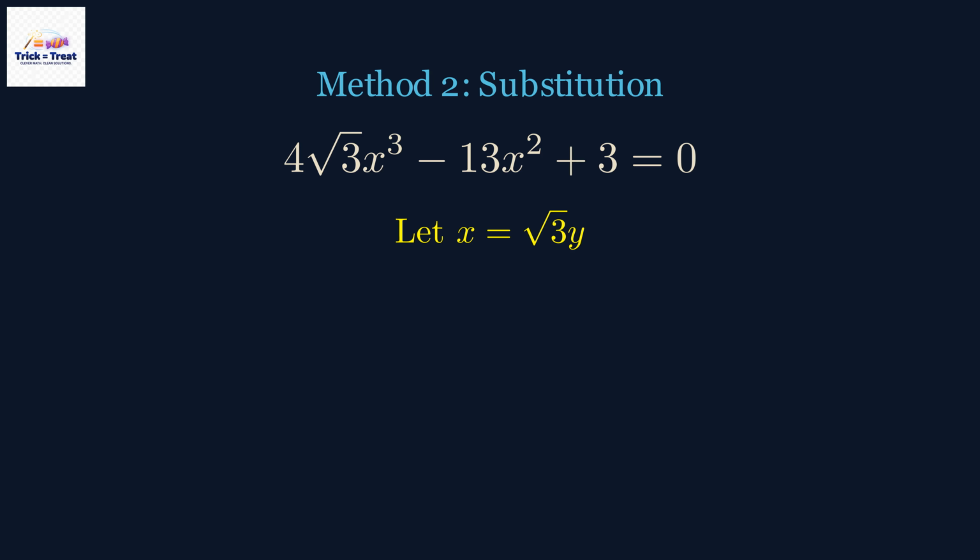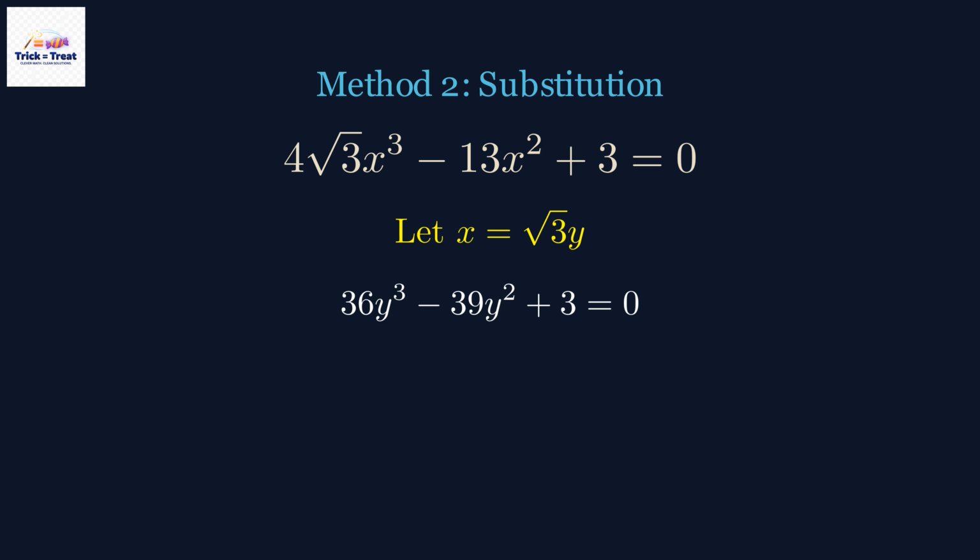Now let's rewrite the whole equation, but with y instead of x. Let x = √3 y. We get 4√3 (√3 y)³ − 13(√3 y)² + 3 = 0. When we expand the terms, the radicals completely cancel each other out.